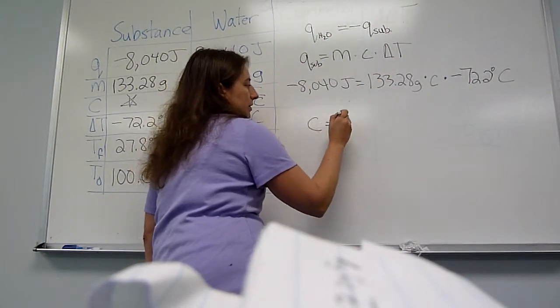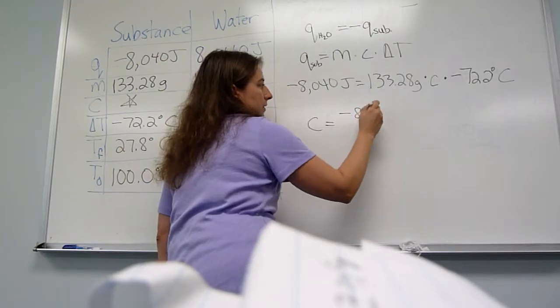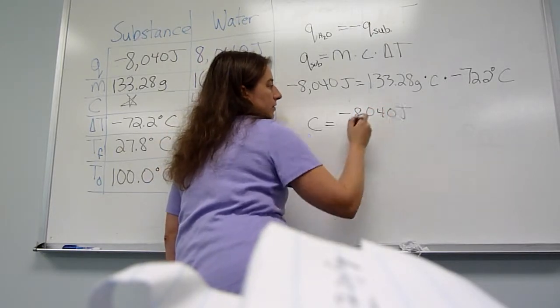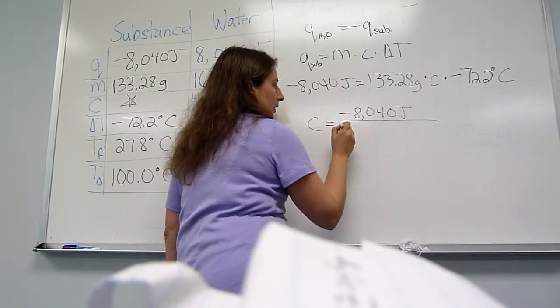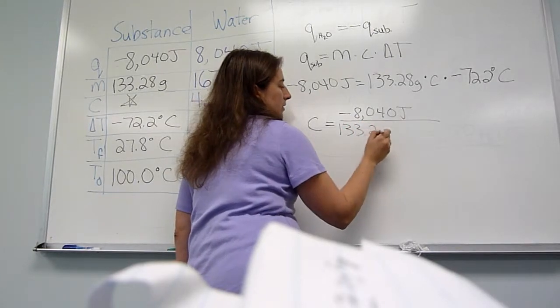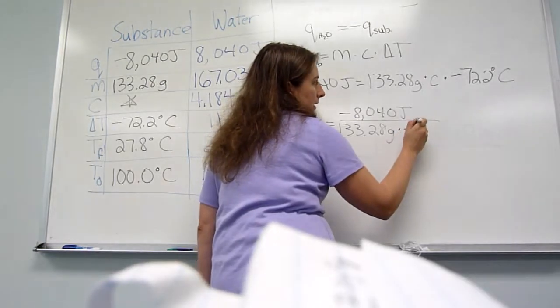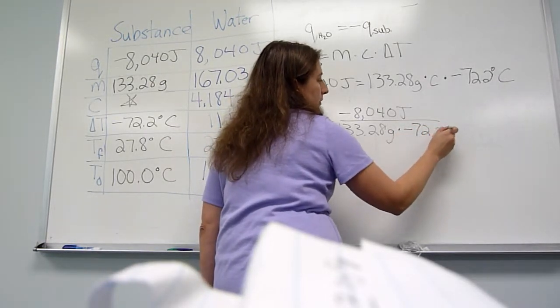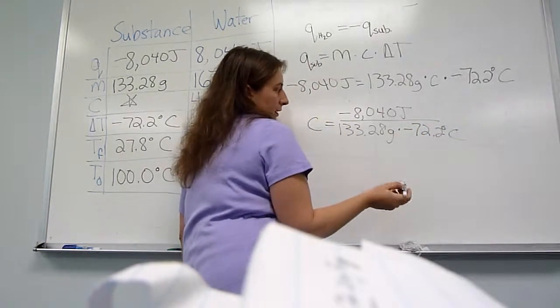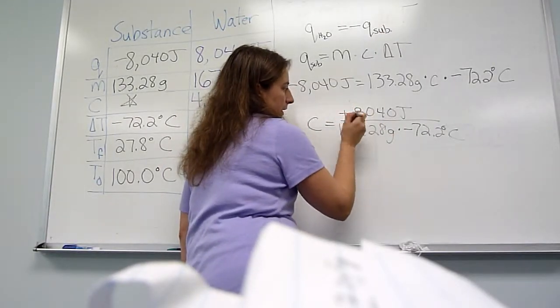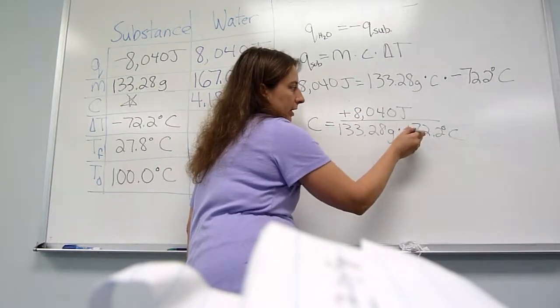C equals negative 8,040 joules divided by 133.28 grams times negative 72.2 degrees Celsius. So we see that we have a negative in the numerator and a negative in the denominator.